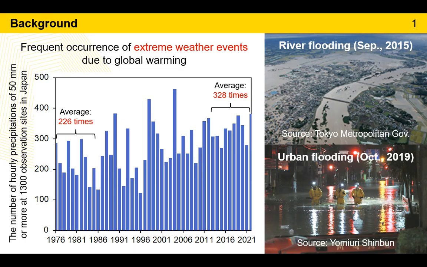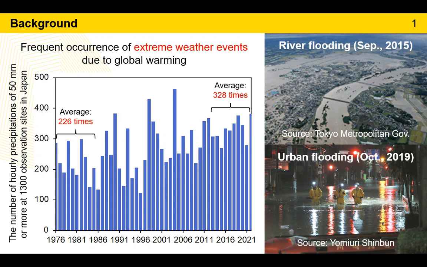So the progress of global warming is a very serious environmental problem all over the world. Due to the progress of global warming, many extreme weather events such as extremely hot days and heavy rains have occurred recently.